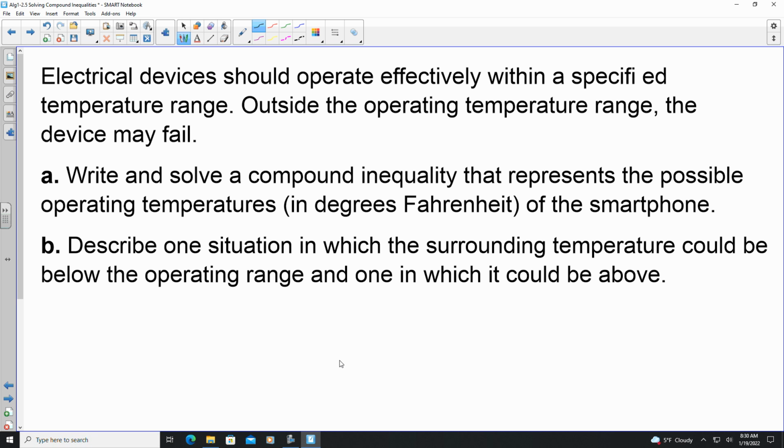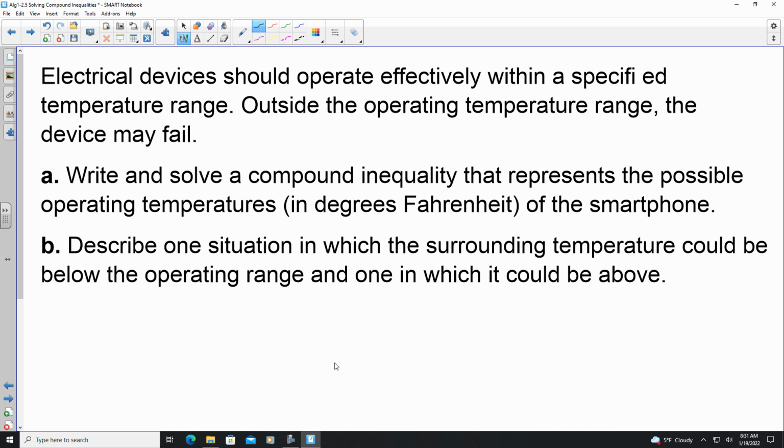So in this particular problem, it says we have an electric device that should operate effectively within a specified temperature range. Outside the operating temperature range, the device may fail. They're asking you to write and solve a compound inequality that represents the possible operating temperatures in degrees Fahrenheit of your smartphone.